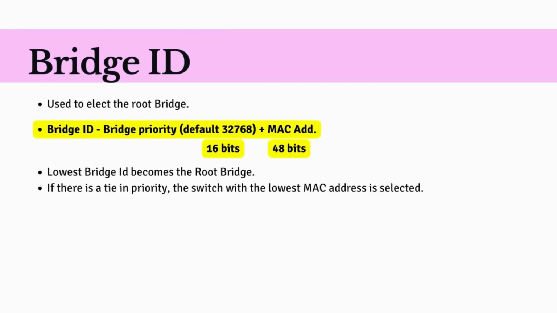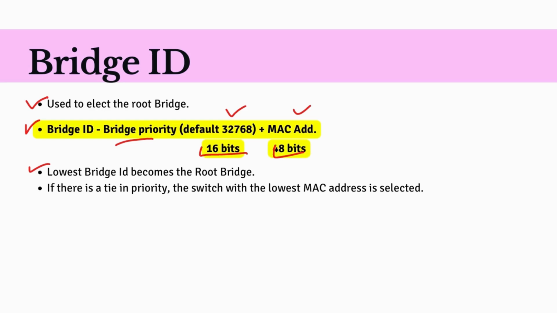Next is bridge ID. Bridge ID is basically the identity of the switch. It is used to elect the root bridge. Bridge ID is equal to bridge priority, which is by default 32,768, plus MAC address. The priority is 16 bits and the MAC address is 48 bits. So the lowest bridge ID becomes the root bridge.